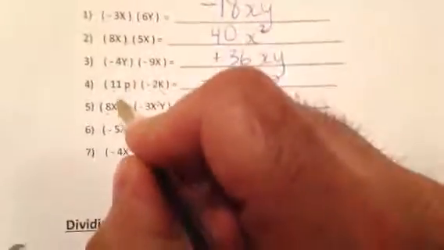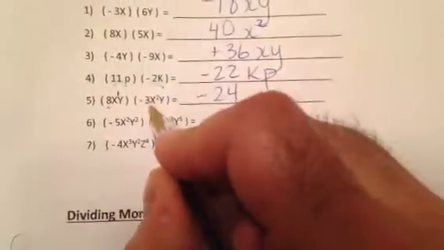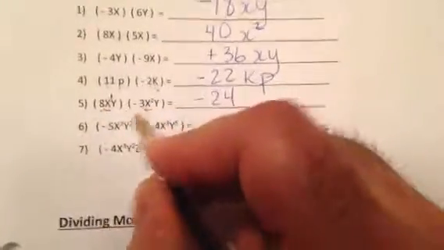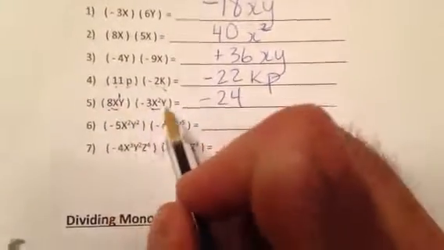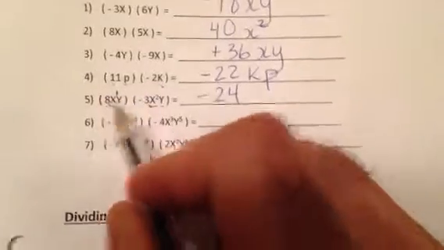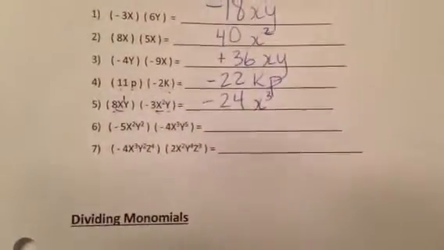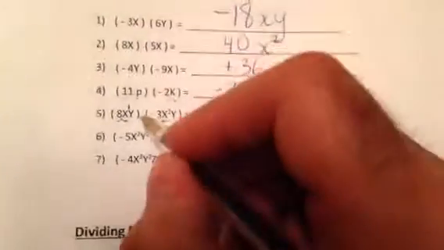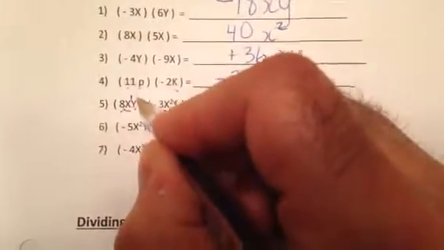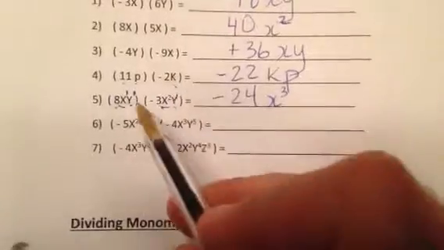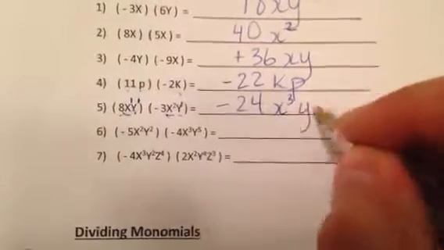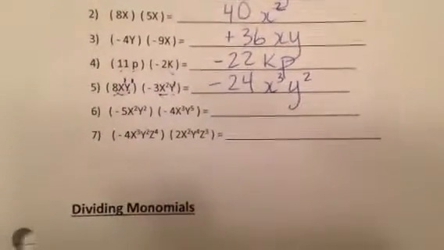X, which has a 1 exponent, and x squared, we want to multiply our x's, so x1, x2. When we times them, we keep the base, we add the exponents, so it's an x3. Here we have y1 with a y1, so 1 and 1 is y2. And that's our answer, negative 24, x cubed, y squared.